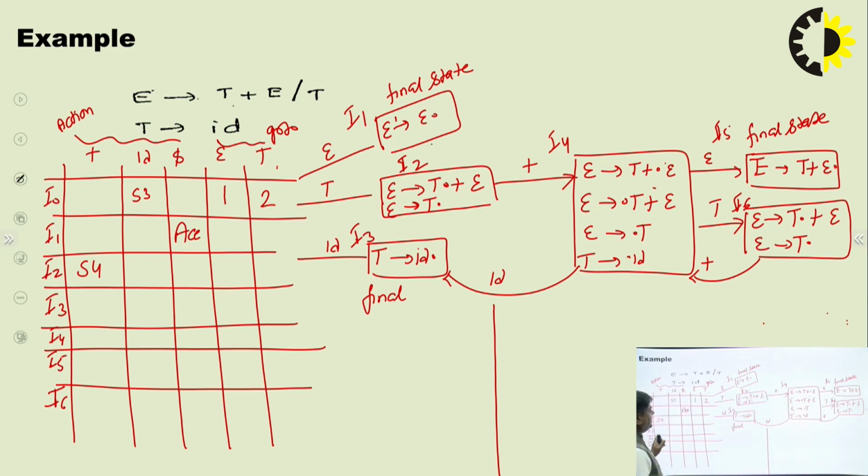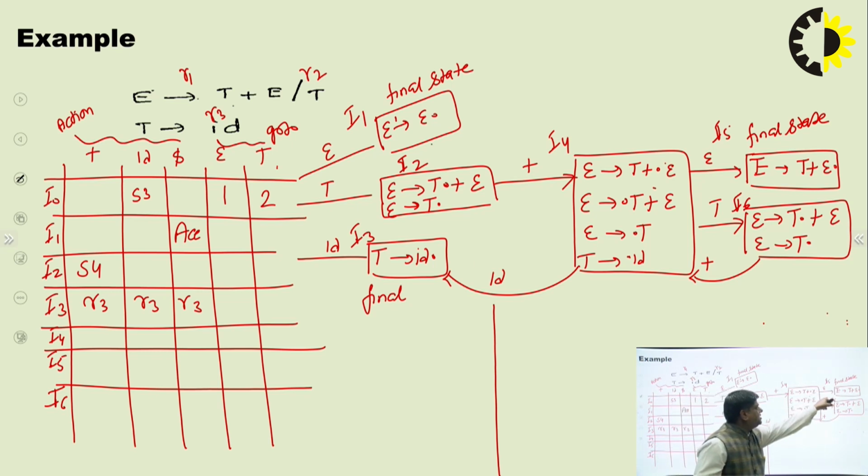Now, I3 is your final state. On production rules 1, 2, 3, that is R1, that is R2, this is R3. So we apply the reduction rule from state number 3, that is R3, R3, R3. Okay, we move to state number 4. On the E state, we move to I5.